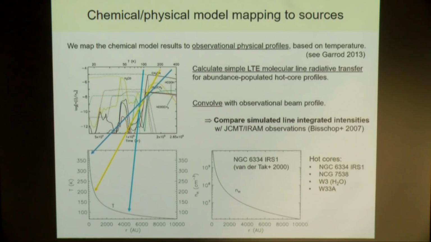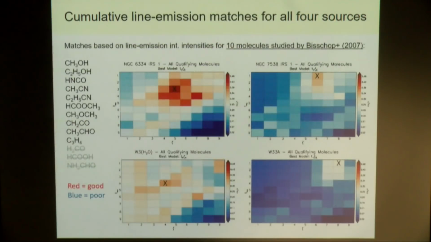Okay, so we're essentially creating an entire simulated spectrum and comparing it with the observations for particular sources. So we looked at 4 particular sources, 4 commonly observed hot core sources. What did we find? Okay, well, we have a method to assess how closely the models match the observations, but this is what this is showing.